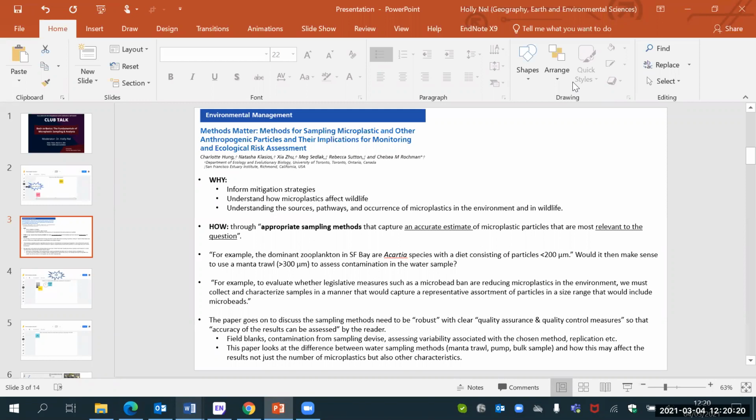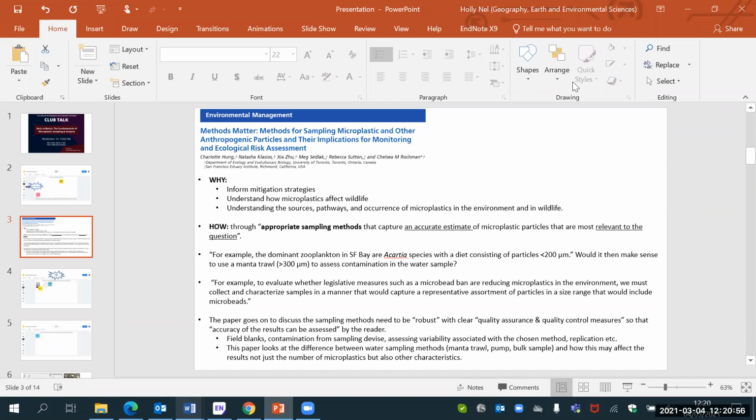So if you want to understand how effective and how successful a mitigation strategy or implementation tool has been on the environmental microplastic contamination side, would it make sense to collect microplastics not in the size range of the microbeads? So you would have to go and look into the literature to analyze what size range you're specifically trying to target, and then choose the appropriate method for that.